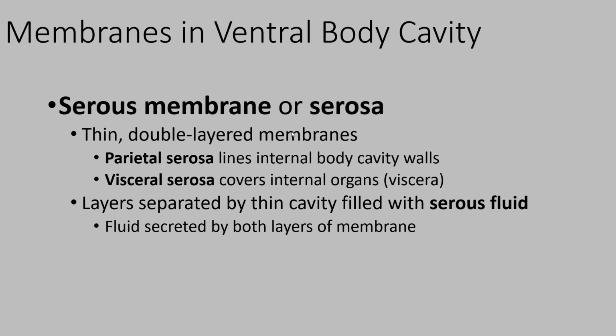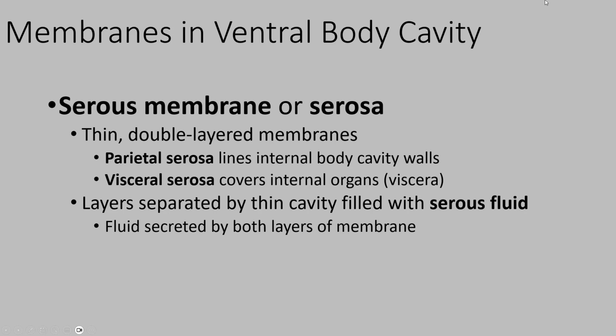Take a piece of paper and gently fold it over. It's really one piece of paper, but it's two layers. So the serous membranes, it's one membrane that is folded over to make two layers. And this two-layered membrane is found surrounding all of the organs in our ventral body cavity.